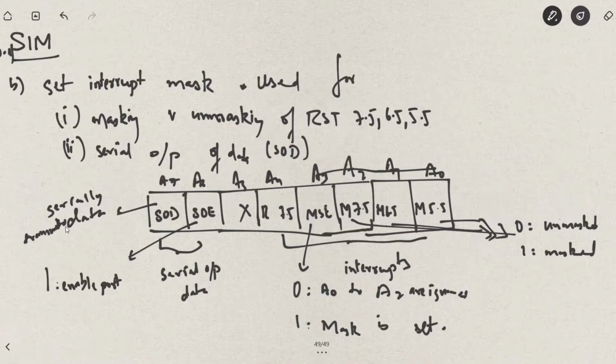Fine. So this is about the interrupts, how we can enable or disable the various types of interrupts, and which of them is maskable, which of them is not maskable. As far as RST 7.5 goes, it's again edge sensitive.